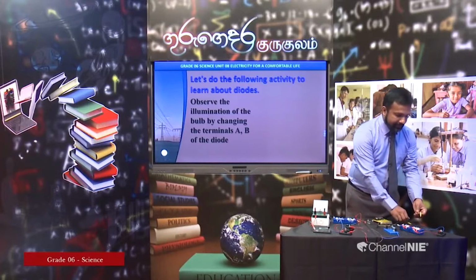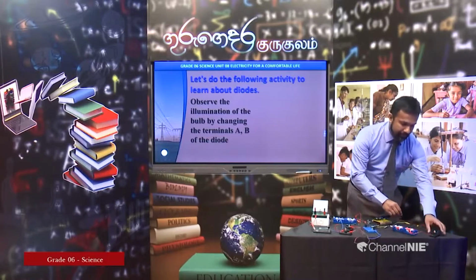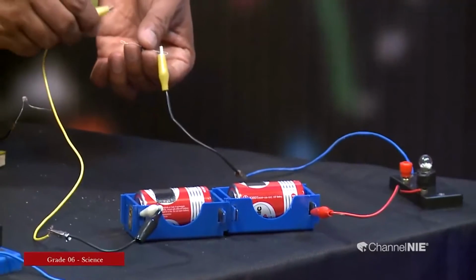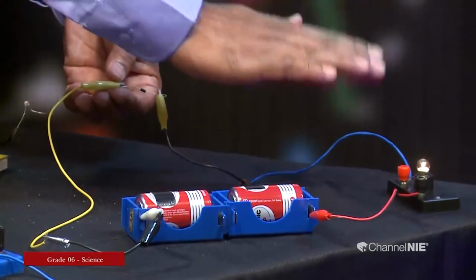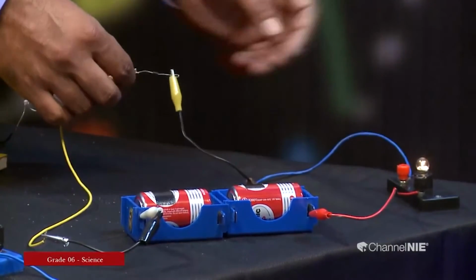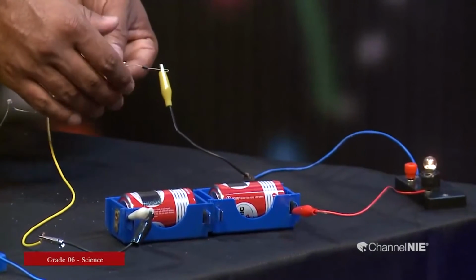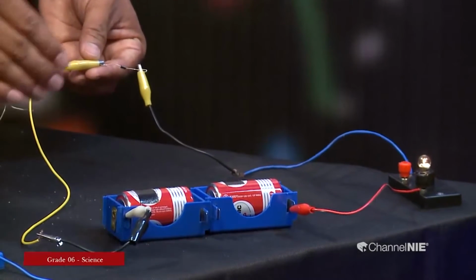I am going to connect a battery, a bulb and a diode using these connecting wires. As you can see, the bulb is glowing. Why is that? Current passes through the circuit through the diode.